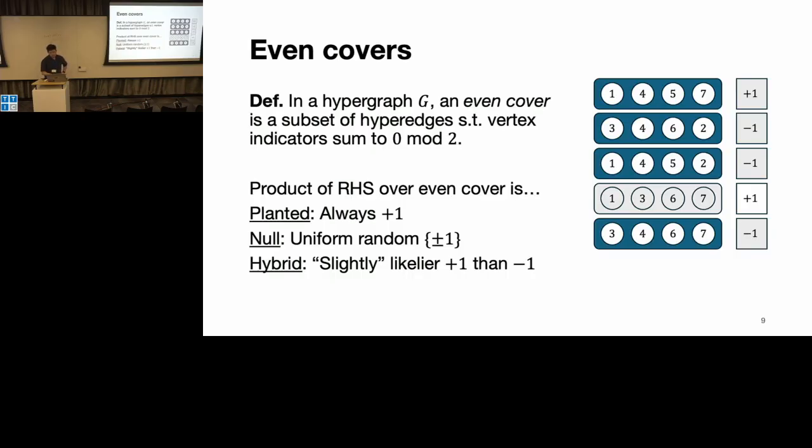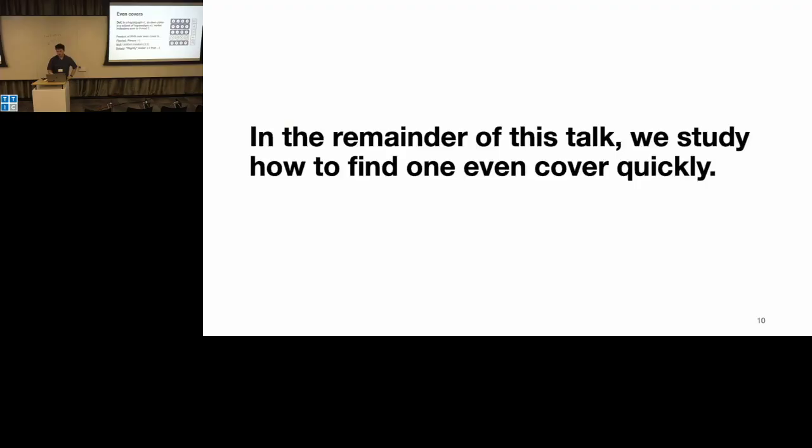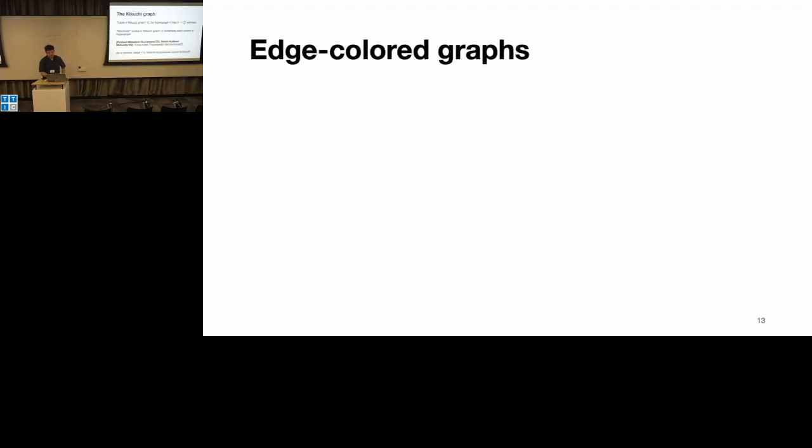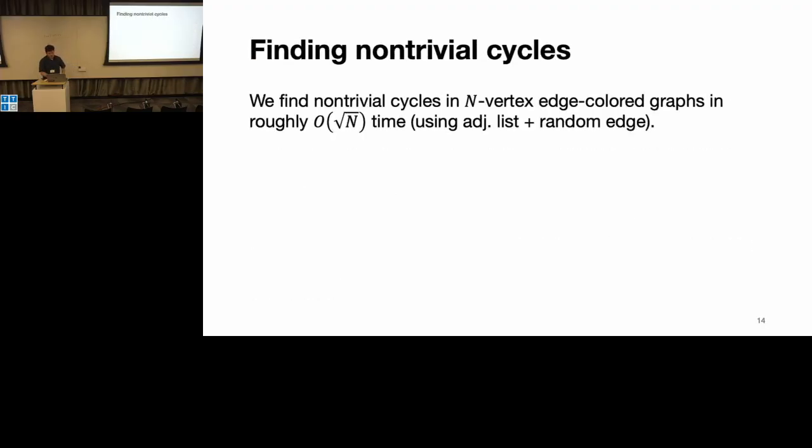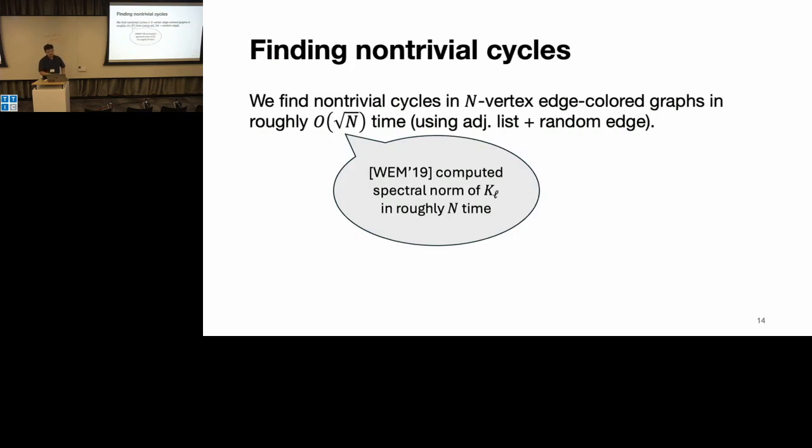So the main thing that we actually do in the paper is give a fast algorithm for finding these even covers. The way this works, maybe I can very briefly say, is that there's a graph called the Kikuchi graph, which people also study in this area. It's a graph related to the original hypergraph. It's a sub-exponentially large graph, and finding cycles in this graph is basically equivalent to finding even covers in the hypergraph.